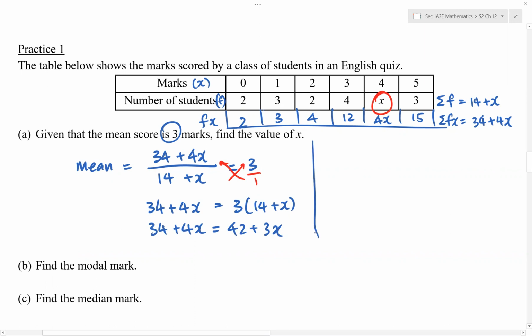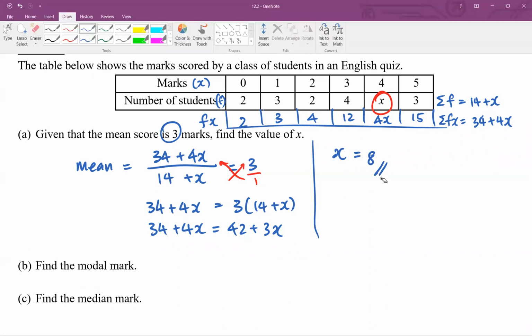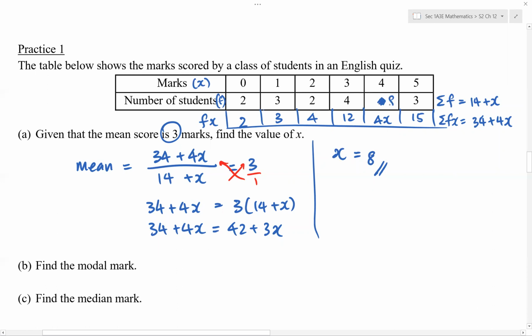So let's continue. Subtract 3x on both sides. We get x on the left hand side. Subtract 34 on both sides. 42 minus 34, we get 8. So x has a value of 8. Let us update our table. So now this is 8.